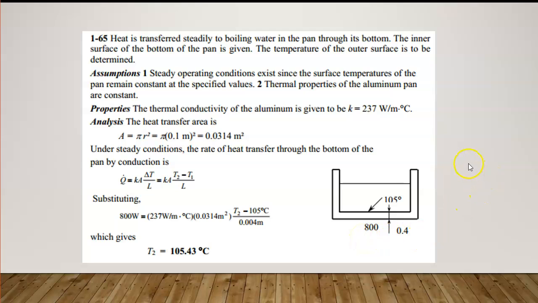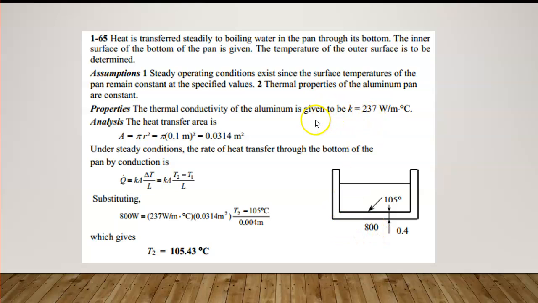The next one, heat transfer. Heat is transferred steadily to the boiling water in the pan through the bottom, with the temperature of the inner surface of the pan given. Here we have a thickness of 0.4 cm or mm, the inner temperature is 105, and 800 watts.